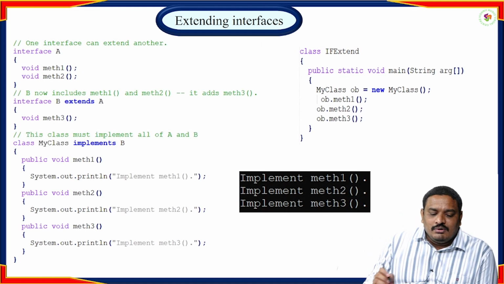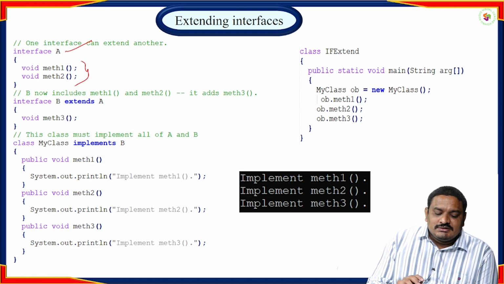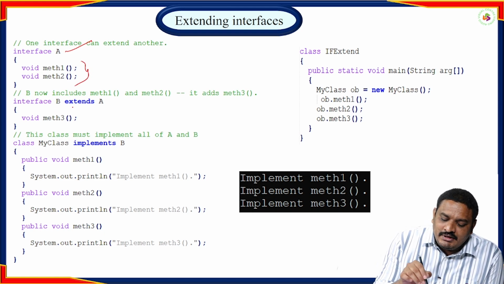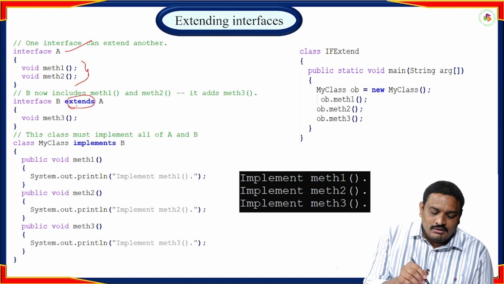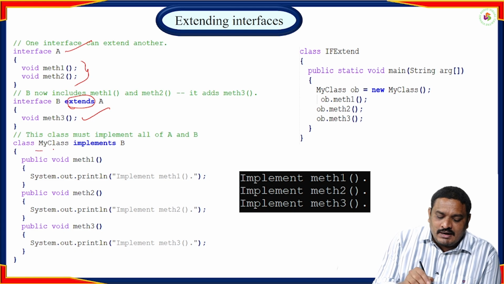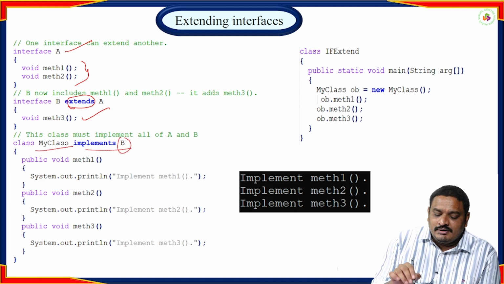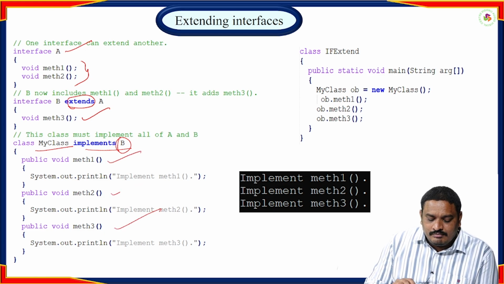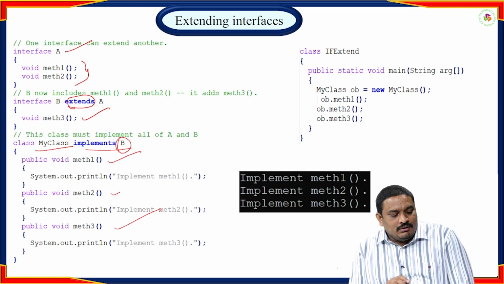See the example: interface method structure. One interface can extend another interface by using the extends keyword. Math3 method. Whenever creating the class that implements the B interface, we are using math1, math2, math3 methods. That is the class.